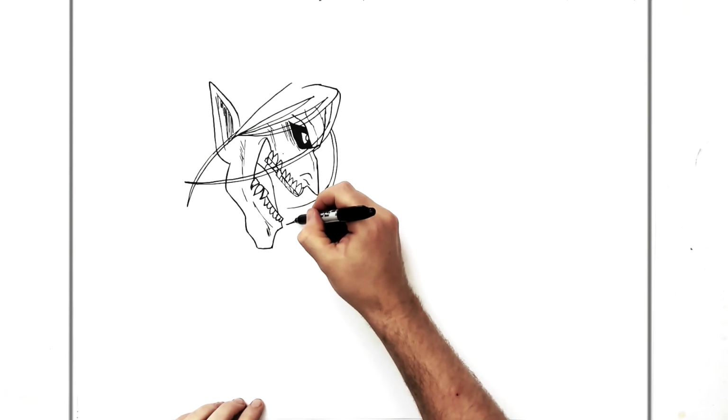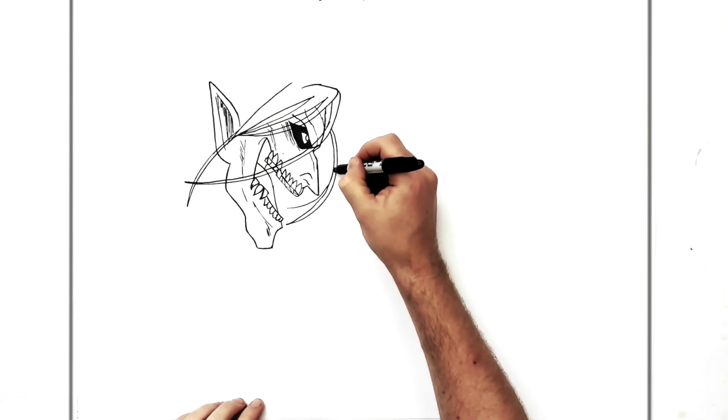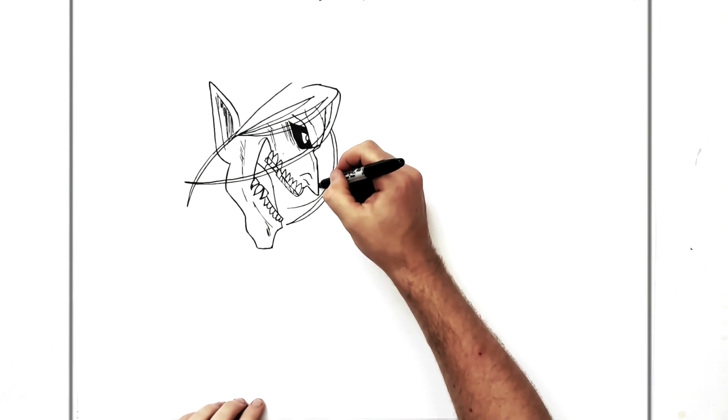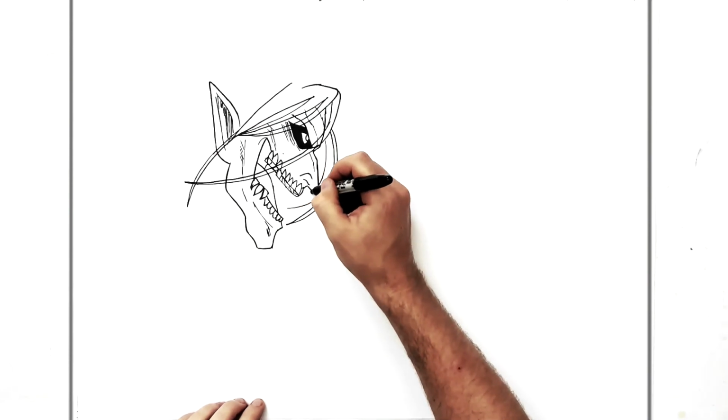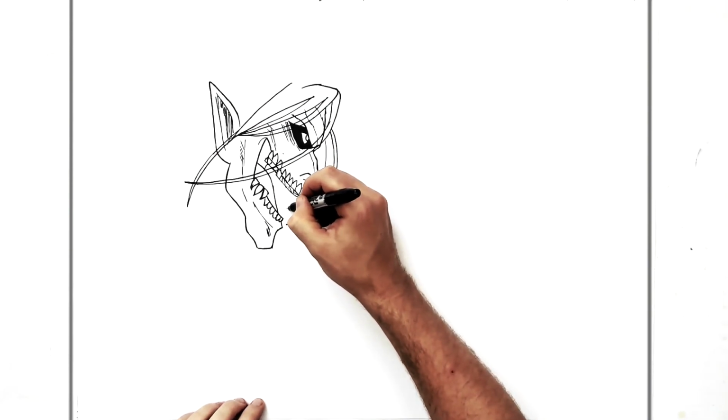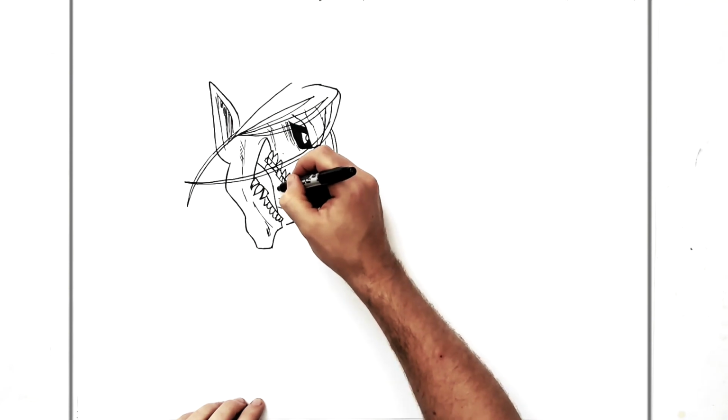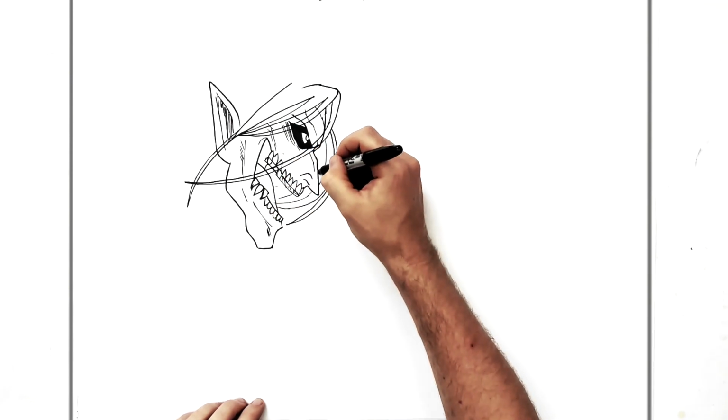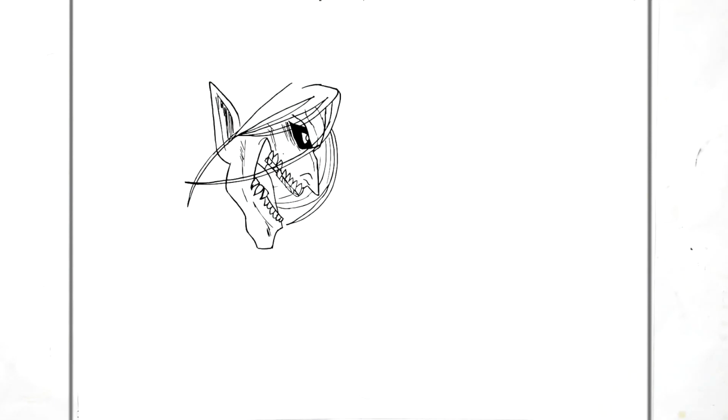We'll bring this back up into here, and this can have lines on the inside as well, but it's mostly in shadow, so you don't see all of it. Like so.